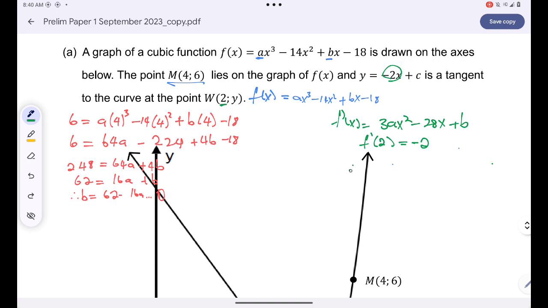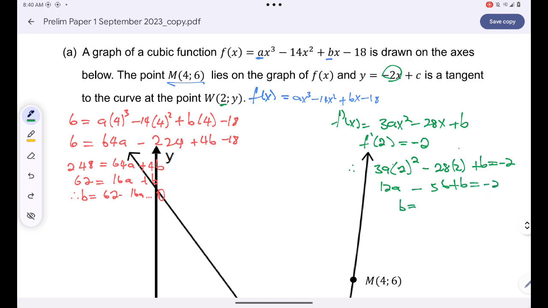So therefore 3a, if I substitute 2 whenever I come across x, means on the right hand side of the equal sign I must have a negative 2, because the derivative is equal to negative 2 if and only if x is equal to 2. Are you together? So I'll have 4 times a, that's 12a, minus 28 times 2, that's 56, plus b is equal to negative 2, right?